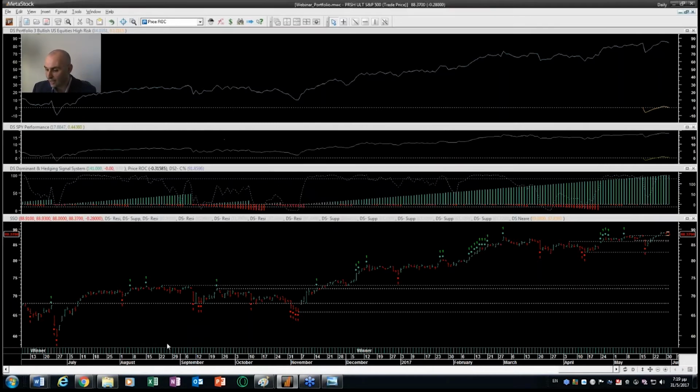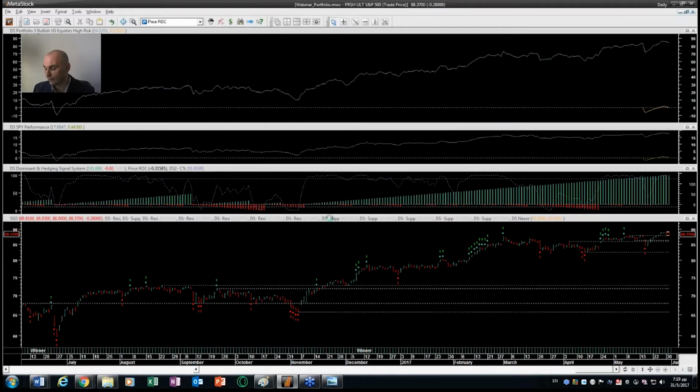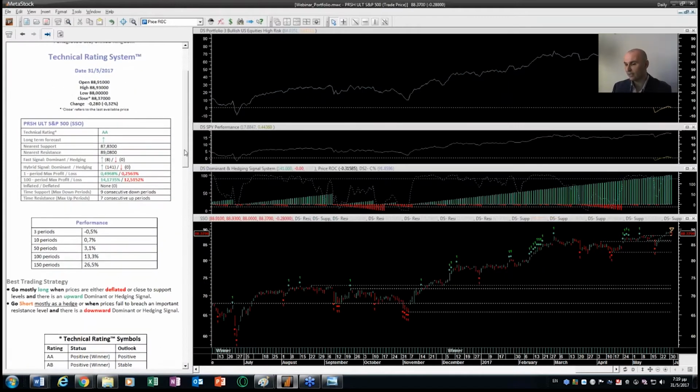Okay. Now, this winner ribbon here, let me show you something. It is part of something called a technical rating system, and there is a technical rating trading system available for you in this DomiStock add-on.